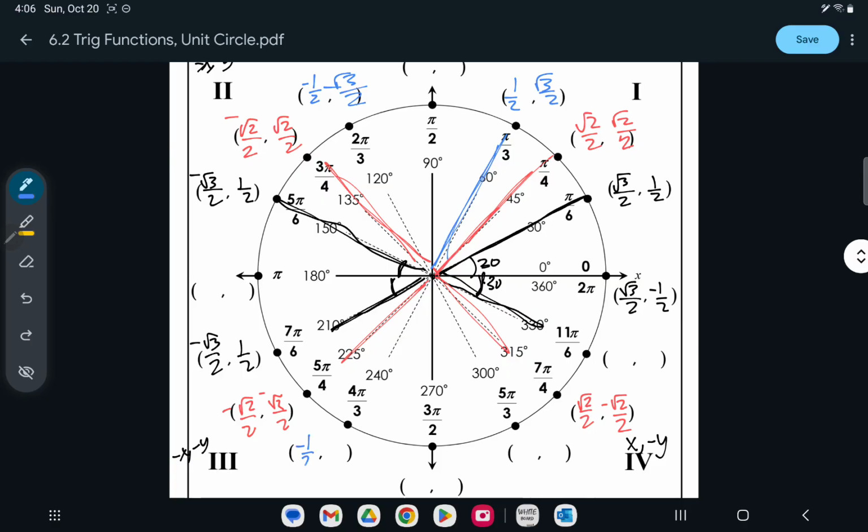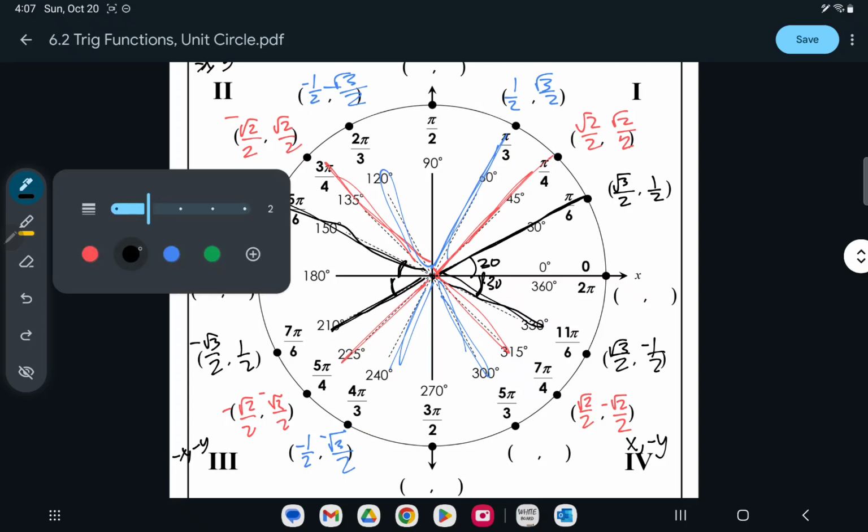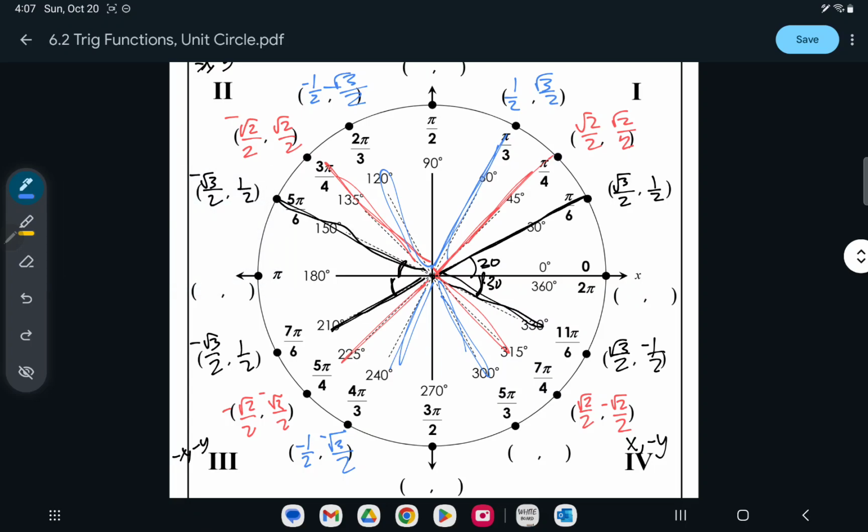And this is negative 1/2. Negative root 3 over 2. Oh, that means I filled that one out wrong too. Dang. I should have filled all my quadrantal ones out first. But it's okay. 1/2 and negative root 3 over 2.